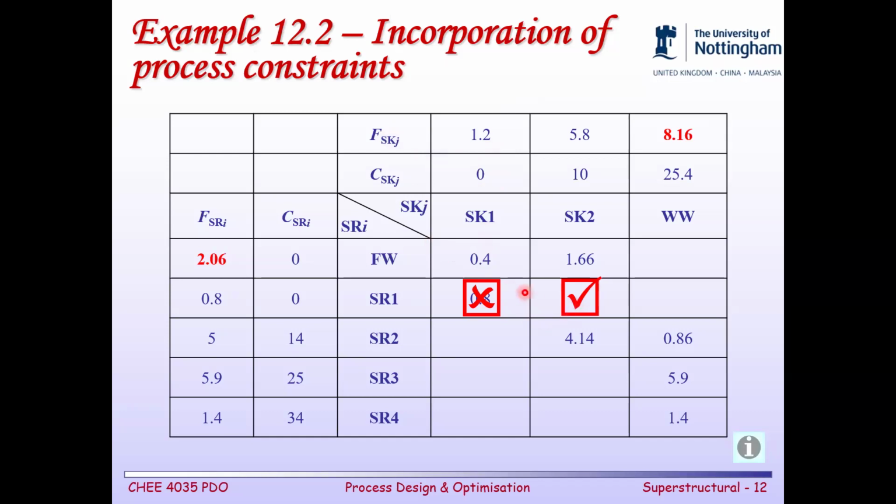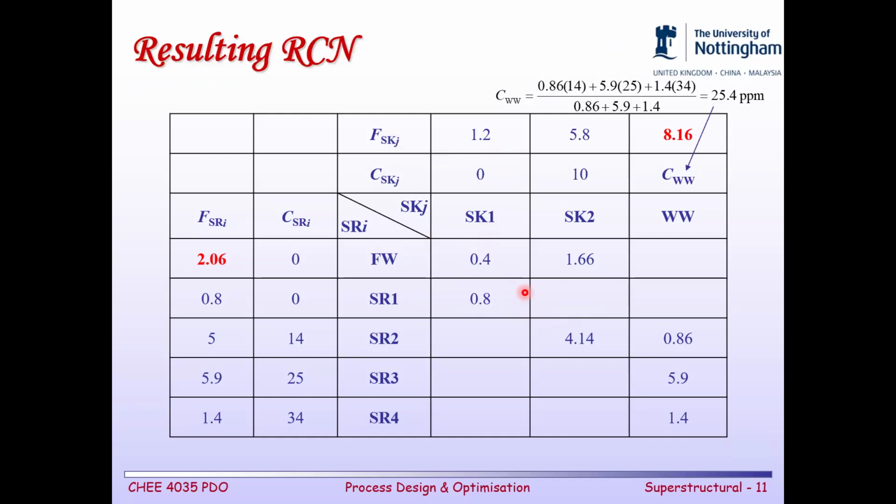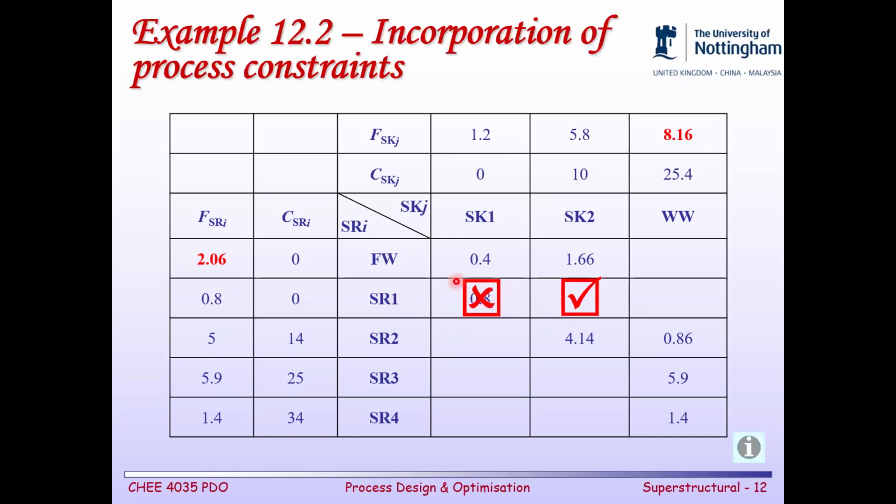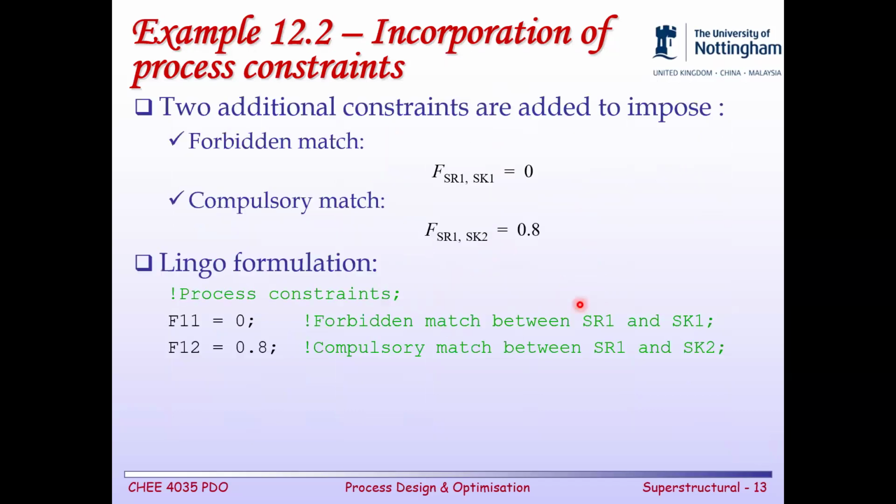When I say force, for example, we don't want source 1 and sink 1 to have a connection. That's why there's an X mark here. But we want that connection between source 1 and sink 2. So what we can do is to add an additional constraint.